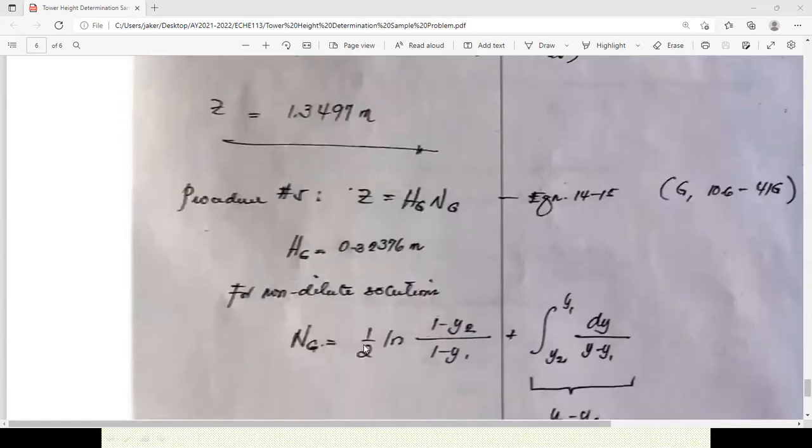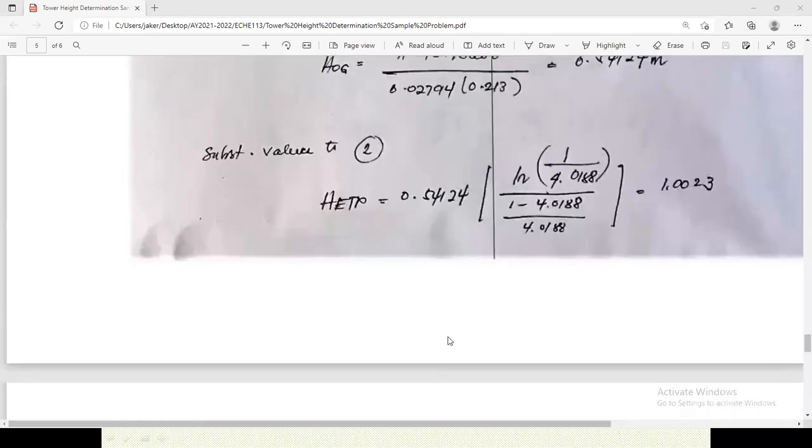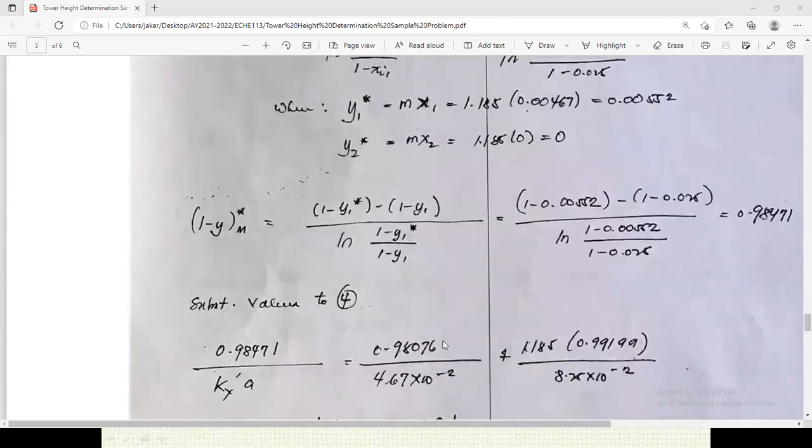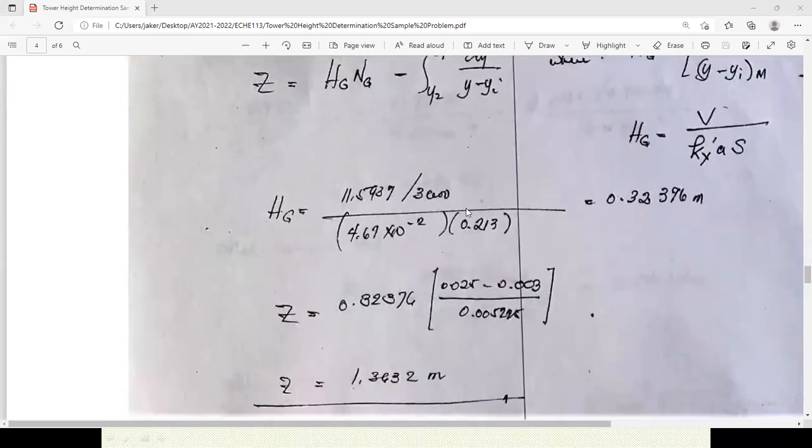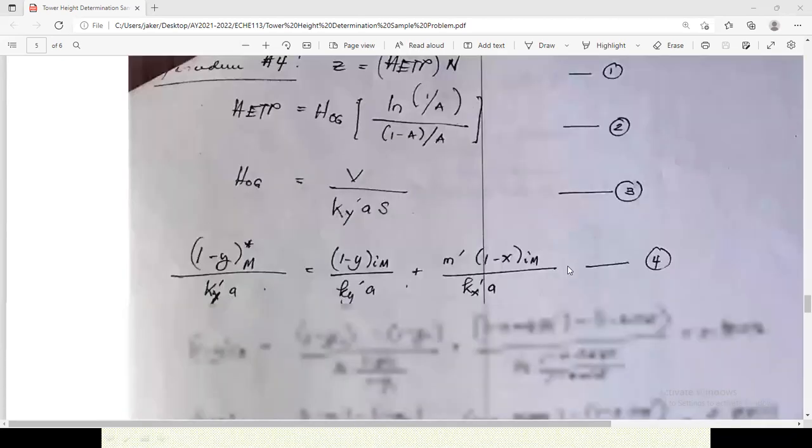Procedure 5 is also the procedure which uses the gas phase mass transfer, the gas phase number of transfer units. You could see here HG and NG, and we know already HG here. This is our HG, so we just substitute.